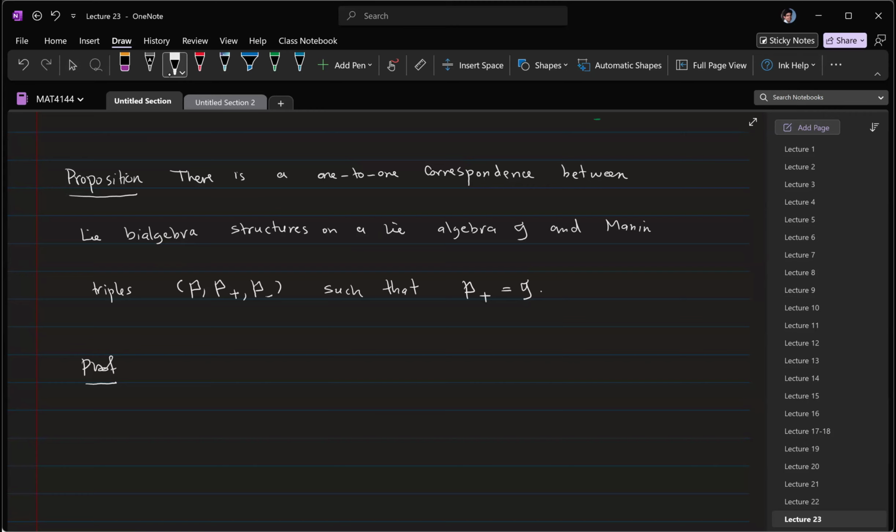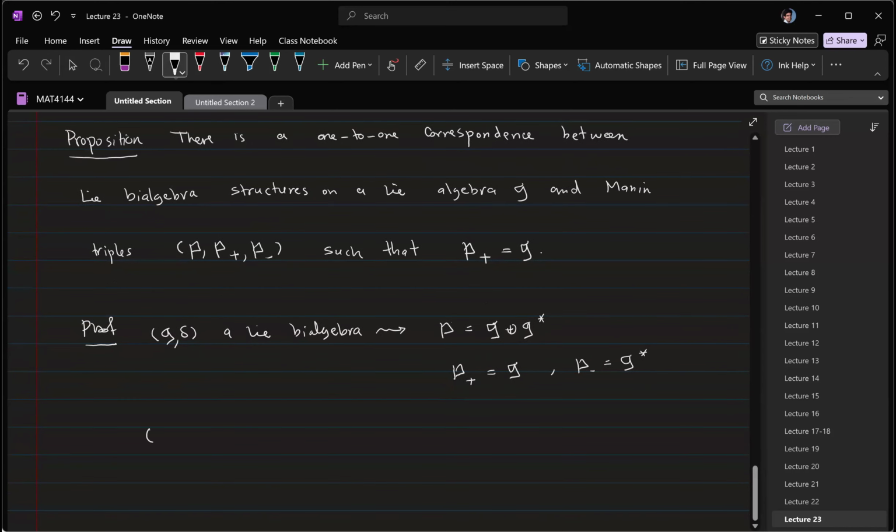So what is the idea? The idea is that if we start from a Lie bialgebra, I have to construct this Manin triple. As I explained, I take P to be G plus G star, and I take P plus to be G, and I take P minus to be G star. And now I have to give a bilinear form.